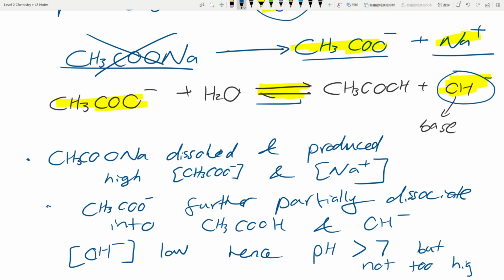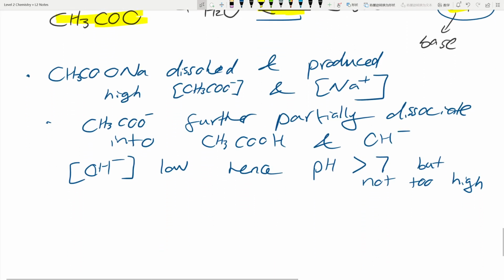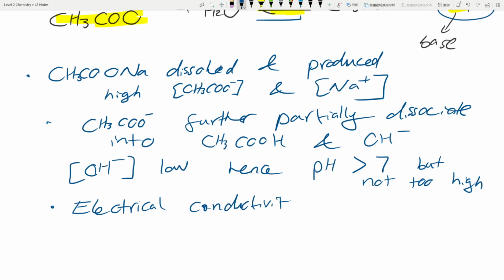Okay, so I'm just trying to simplify it here. All right, so this is looking at the pH. Now the other thing that we need to emphasize is electrical conductivity. Now when you have a salt, this thing is actually quite a good conductor. Why is that?